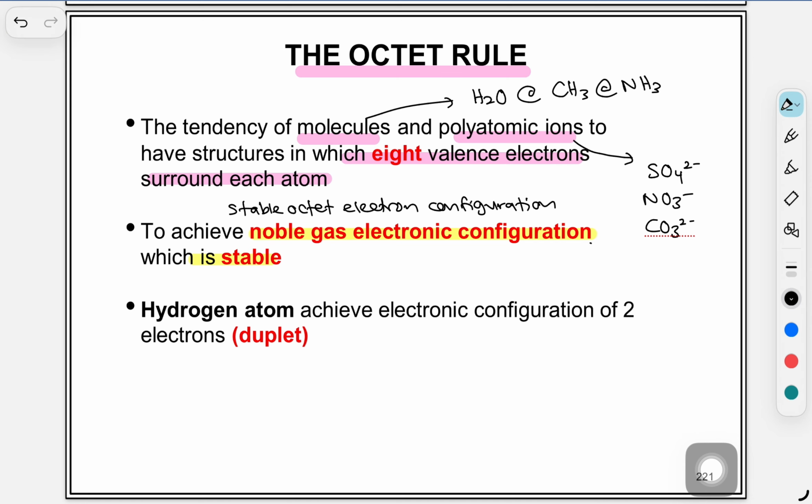So here we focus on the term noble gas electronic configuration. However, we also know some elements like hydrogen, they can't achieve 8, so they achieve 2 electrons in their valence shell. So they now are duplet, okay, which is also stable.